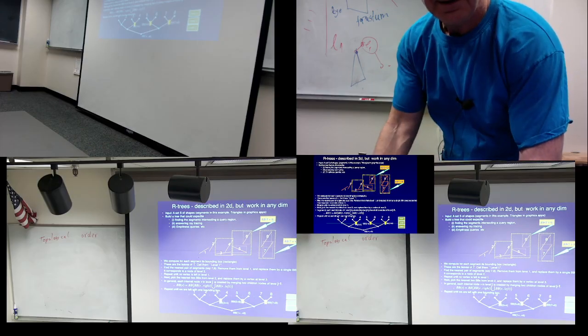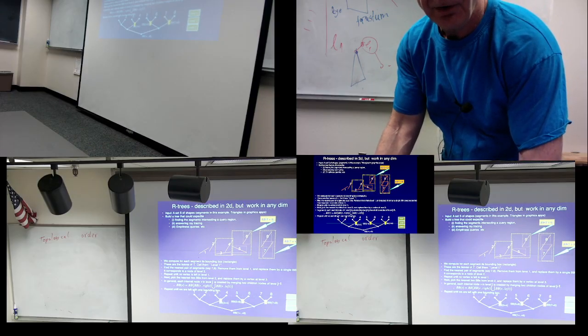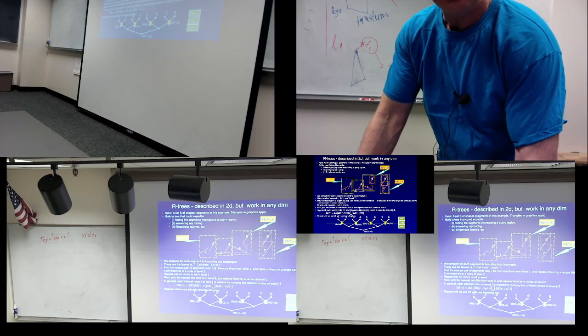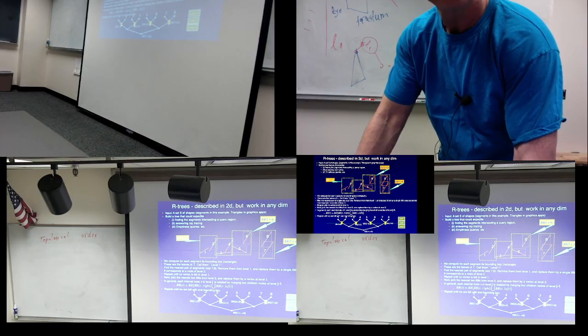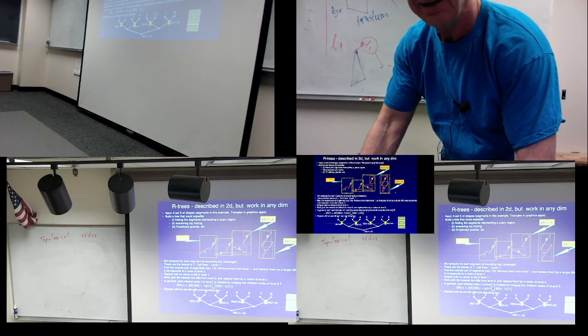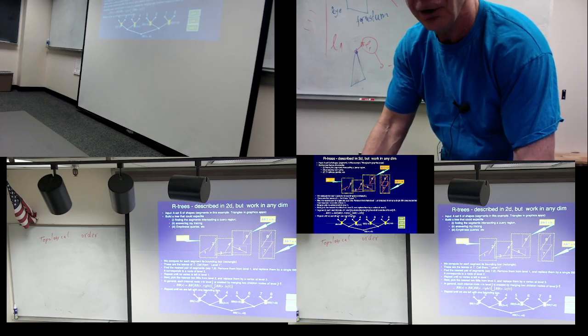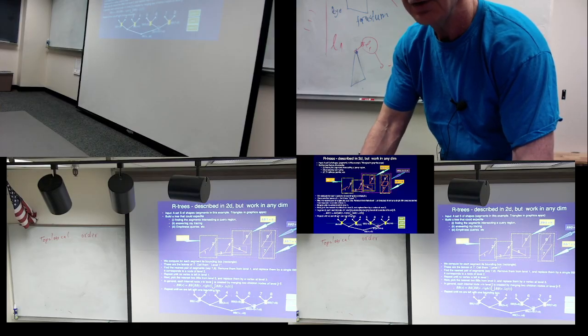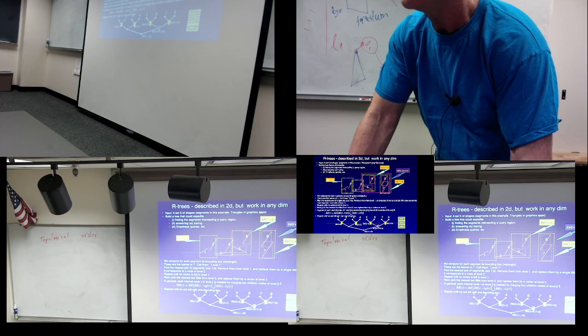Similarly, I cluster 3 and 4. Similarly, I cluster 2 and 1. And now I'm going to build the next level of the tree. I decided to cluster the box of 7 and 8 and the box of 5 and 6, the yellow boxes. So that's what I'm storing at this root, the bounding box of these two bounding boxes. It's very easy to compute the union of two bounding boxes.